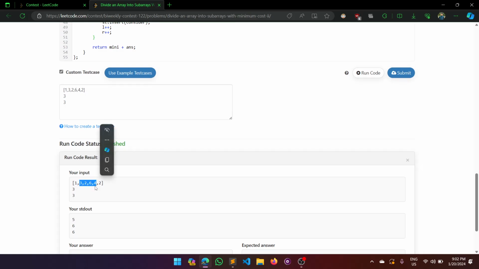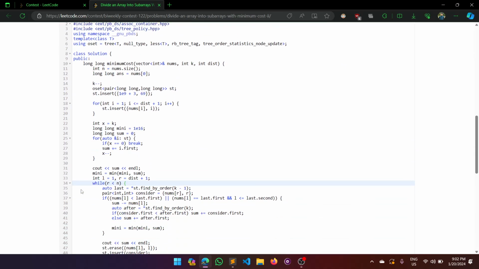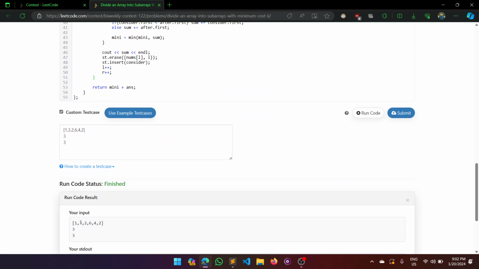This is 3, 4. This is 1. Yeah. Don't say do 3 inside of them.